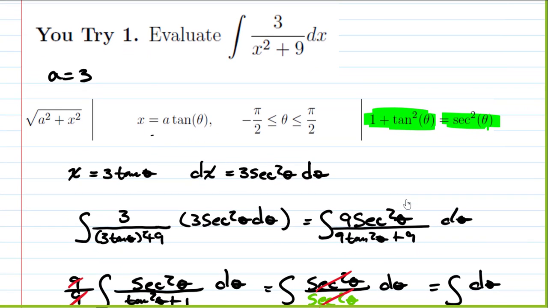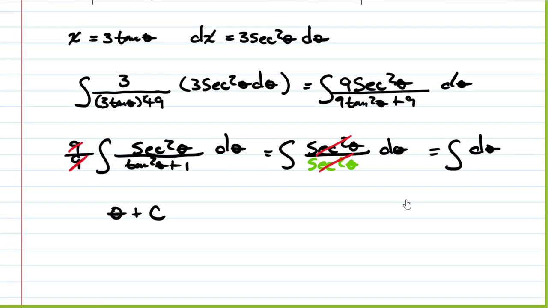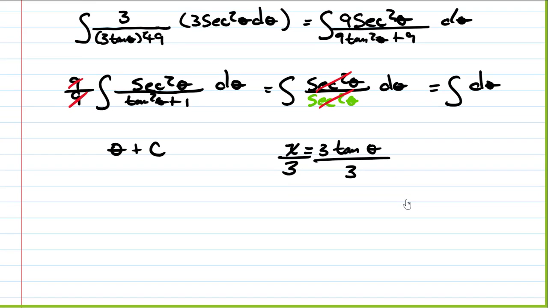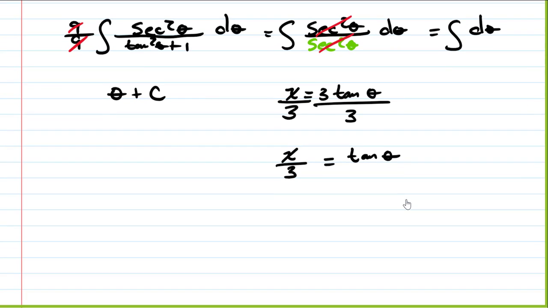Well, we need to get back to our original x's, so what was our substitution? x equals 3 tan theta. So we solve this for theta, we divide by 3, we divide by 3, and we get x over 3 is equal to tangent of theta. So we then take the inverse tangent, so theta is equal to the inverse tangent of x divided by 3.